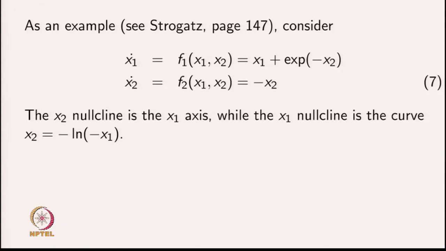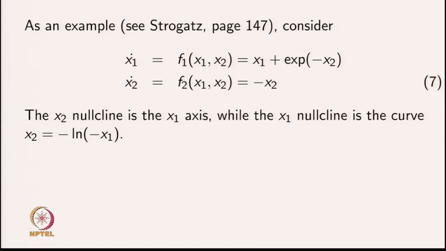So, the x2 null-cline, simple enough, is just the x1 axis, because it says x2 is equal to 0. The x1 null-cline is this curve. From here you can figure out x2 in terms of x1 is just minus the logarithm of minus x1.